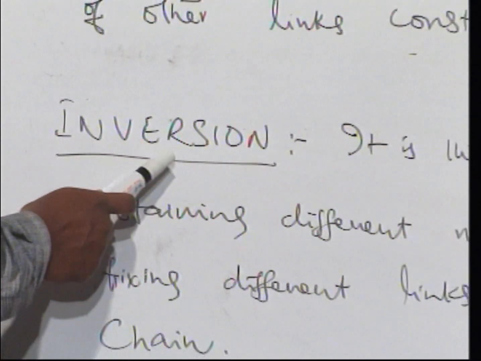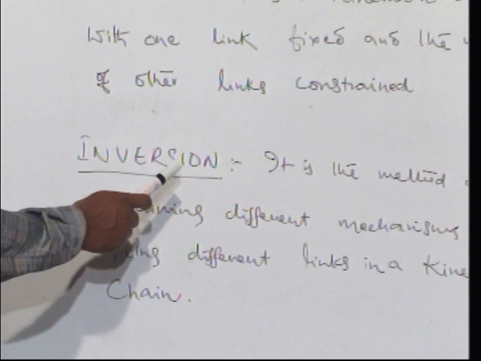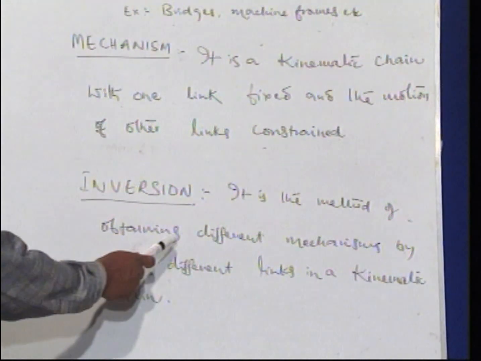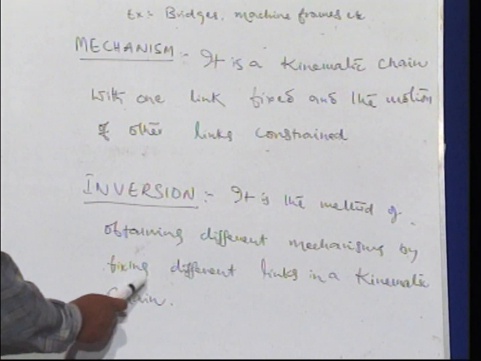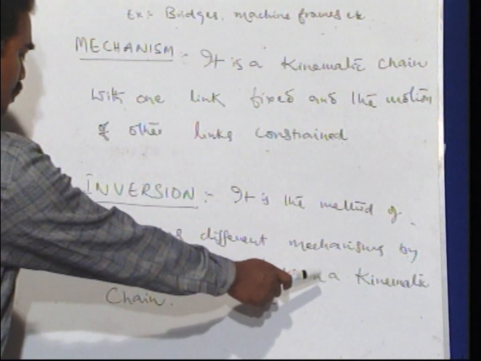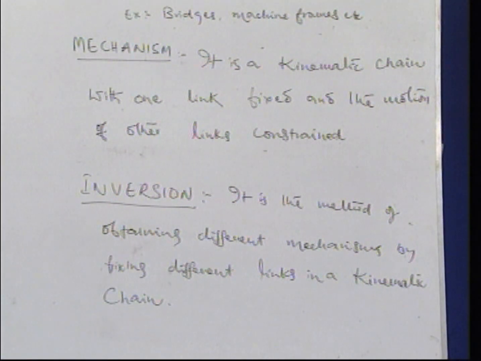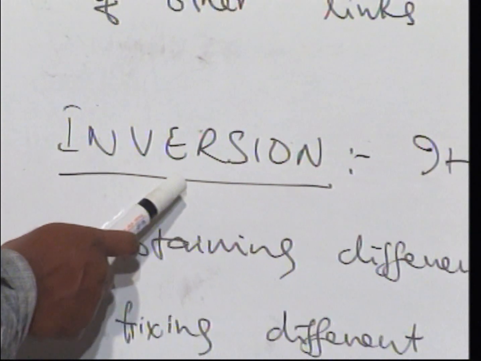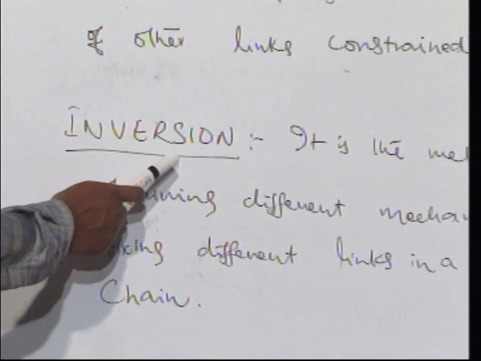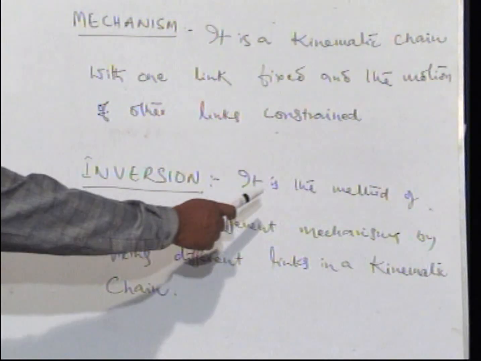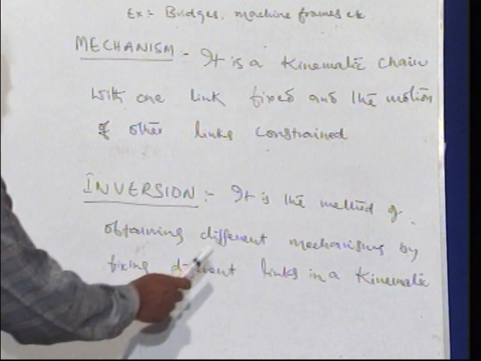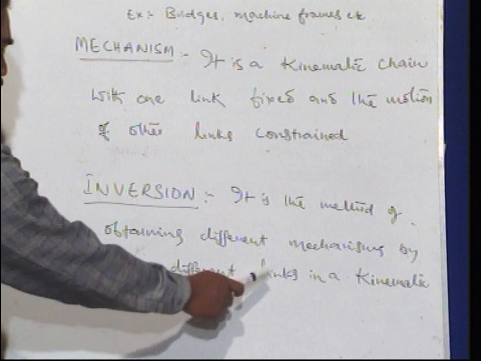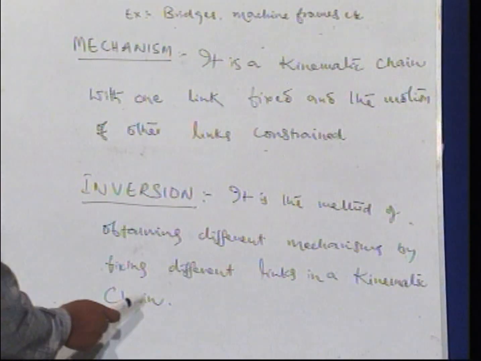Now, inversion is the method of obtaining different mechanisms by fixing different links in a kinematic chain.